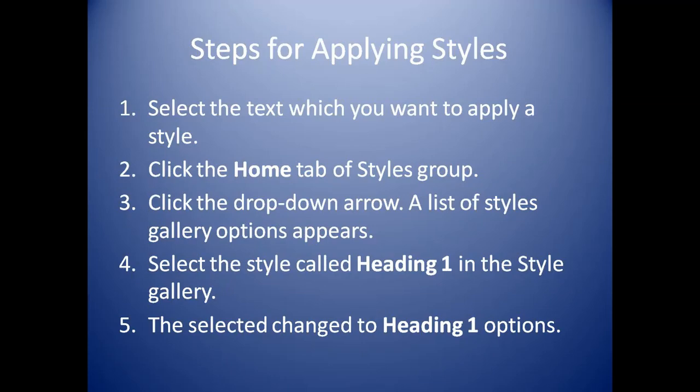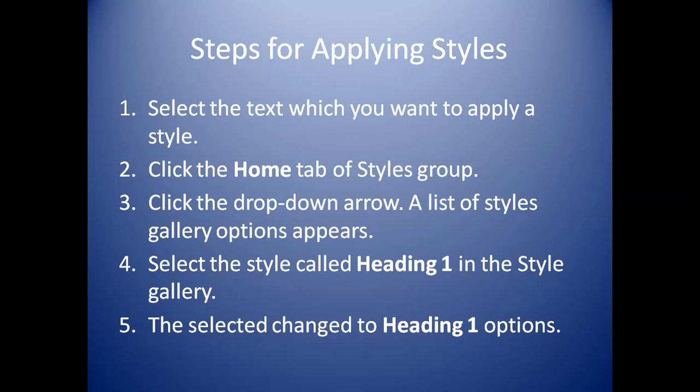Next one is steps for applying styles. If you want to apply styles, then follow the given steps. Step 1. Select the text which you want to apply a style. Step 2. Click the Home tab of a style group. Step 3.